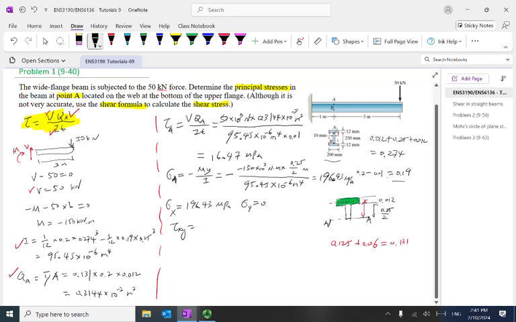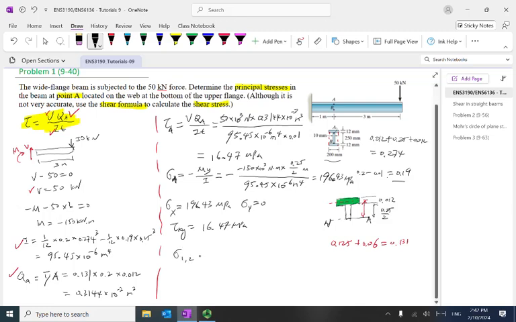Tau A is on this way, on the top. Okay? This is a little bit tricky because from here we cannot get an exact number, whether it's positive or negative from here. But we'll still write down here. Could it be positive, could it be negative? Okay? So that's 16.47 megapascal from here.